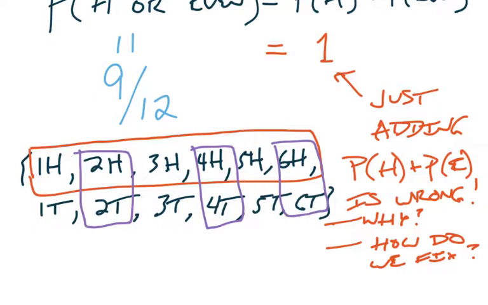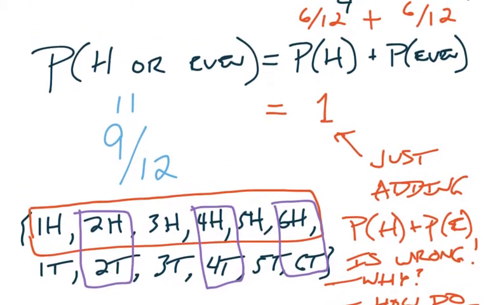So now, hopefully you can see what went wrong here, right? If we just added together, like we did up here in this calculation, 6/12 is the stuff in red, the 6 for the heads, and then 6/12 for the evens, that's the stuff in purple in this picture I just drew. Well, there's a problem there because there's overlap.